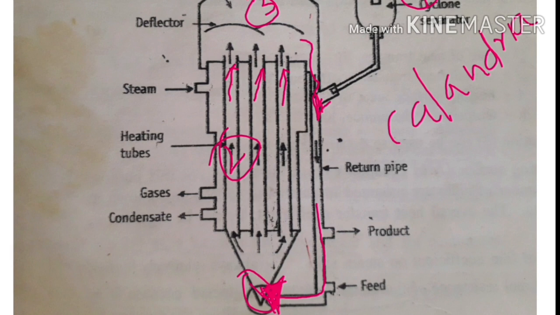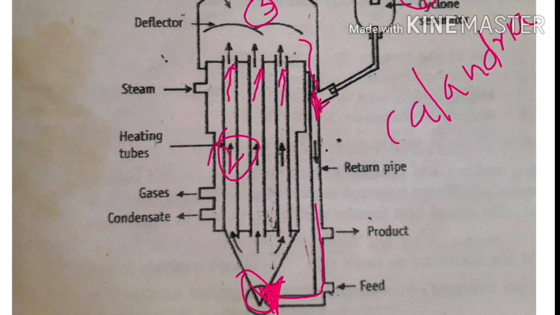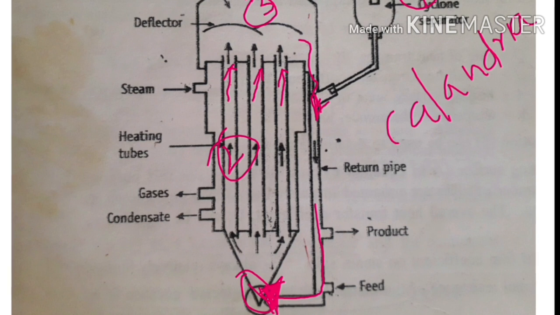Actually, these tubes are steam jacketed tubes, arranged in a parallel manner, and mainly used for heat exchange. So this arrangement is known as calandria. Calandria is used to exchange heat. So these are the important parts present in a forced circulation evaporator.